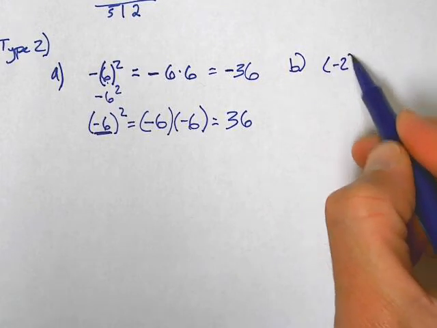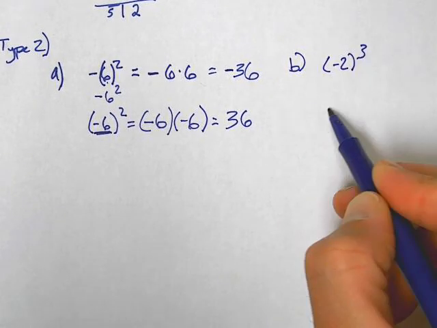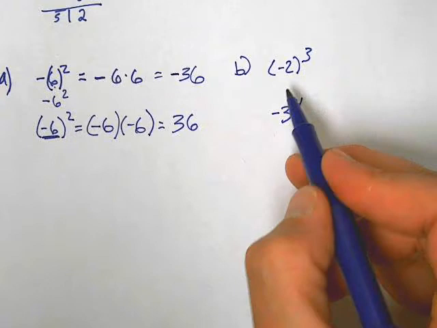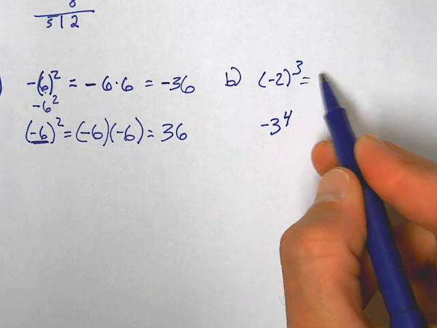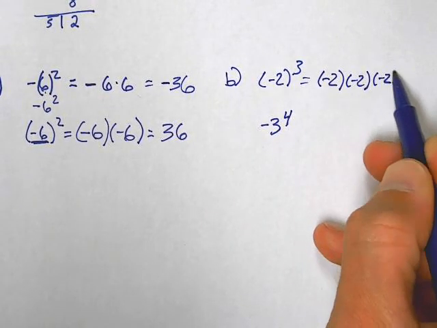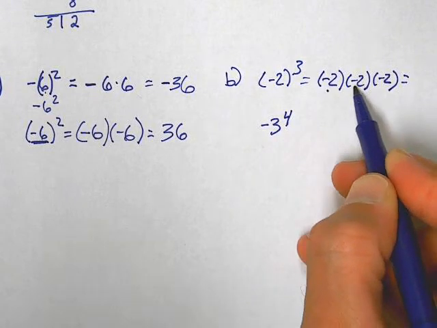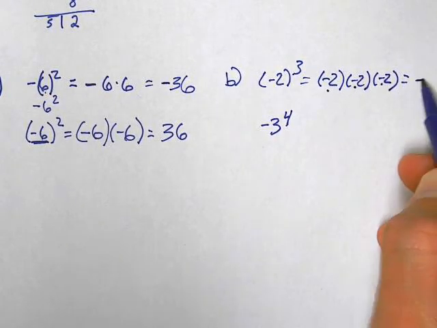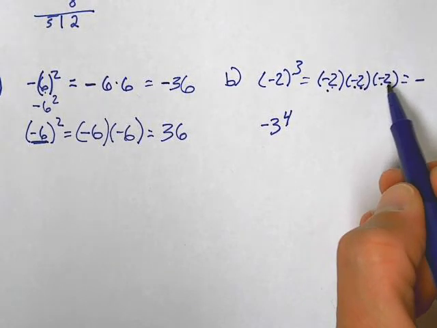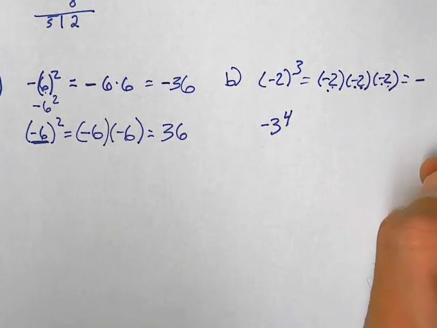Let's say I have (-2) cubed compared to -3 to the fourth. Here, negative 2 is in parentheses, so I know I have to do negative 2 repeated 3 times. A negative, negative, negative, there's 3 negatives, so my answer is going to stay negative. 2 times 2 is 4. 4 times another 2 is 8, so it's negative 8.